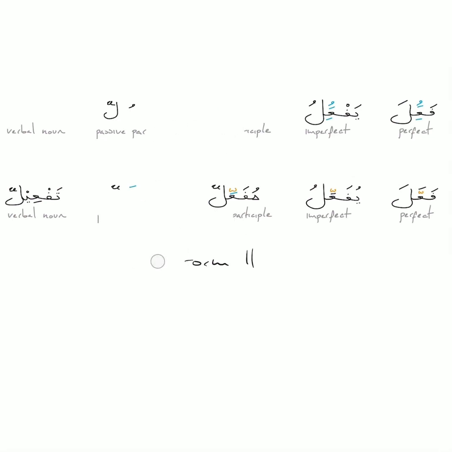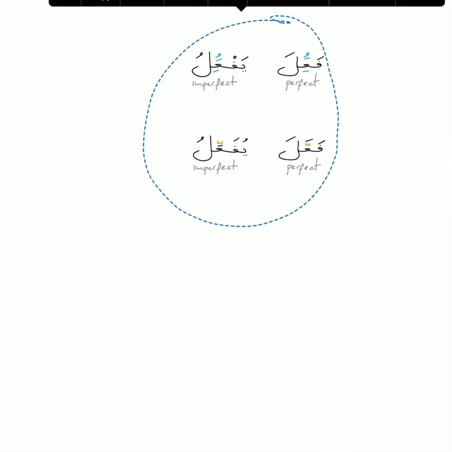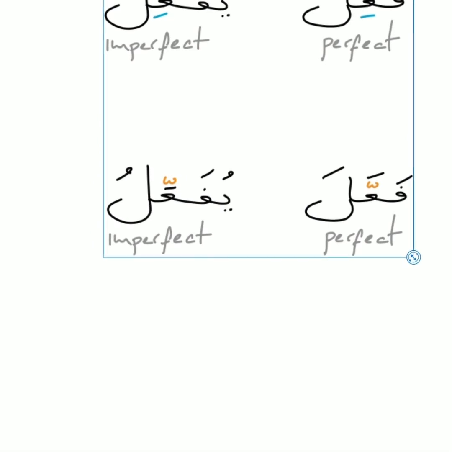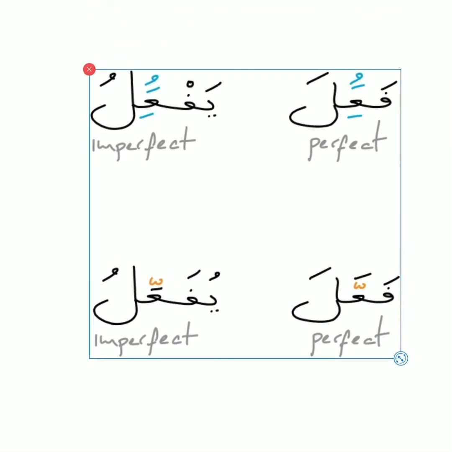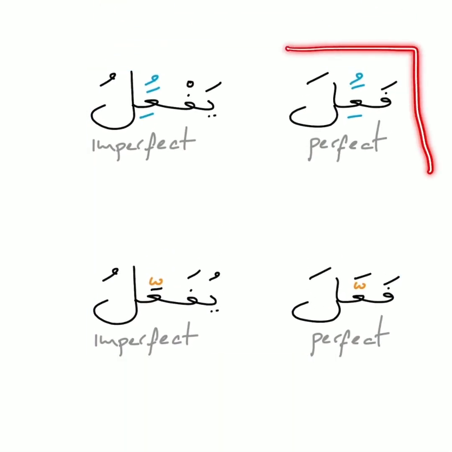So let me go through an example of what I mean. Let's get rid of these first. And let's make this bigger. So remember, in order to change the doer of this, we have to add the ta at the end, yeah, with the different versions. So fa'ala means he did.